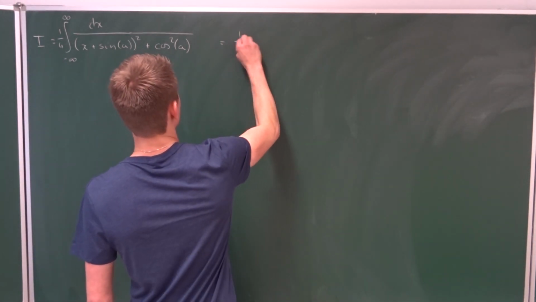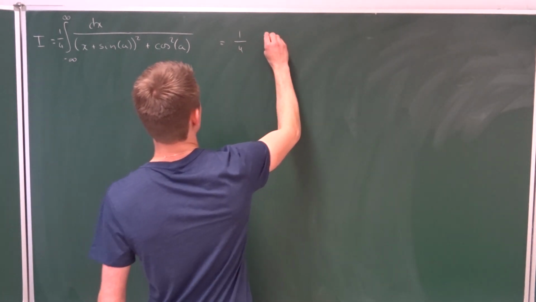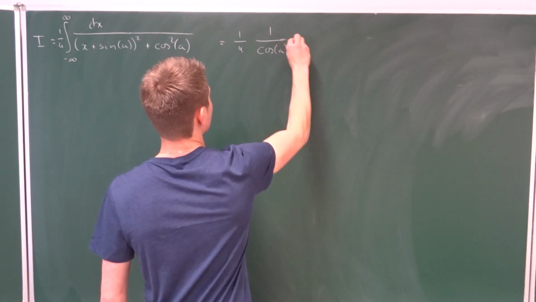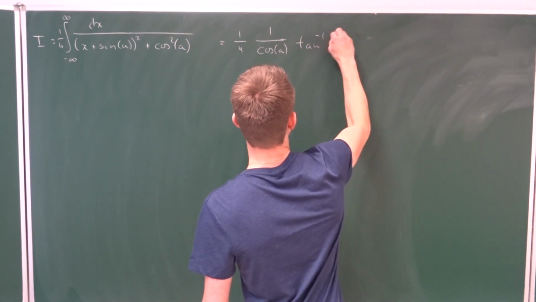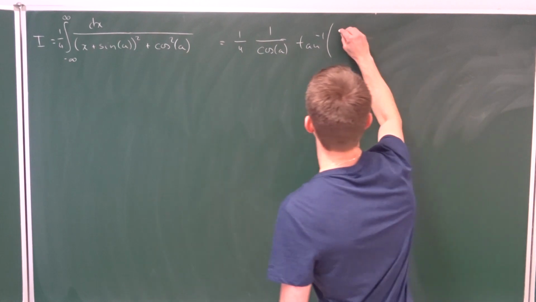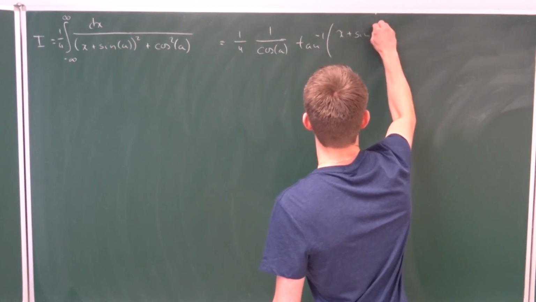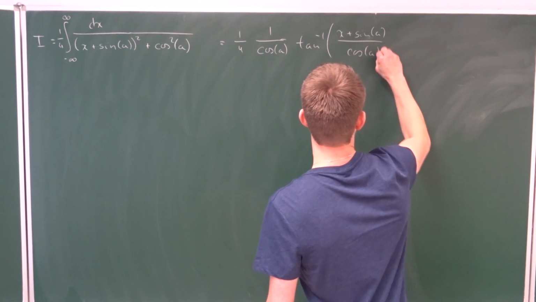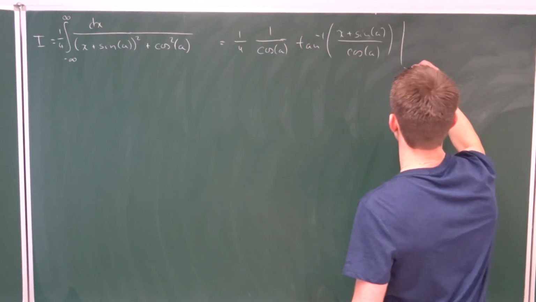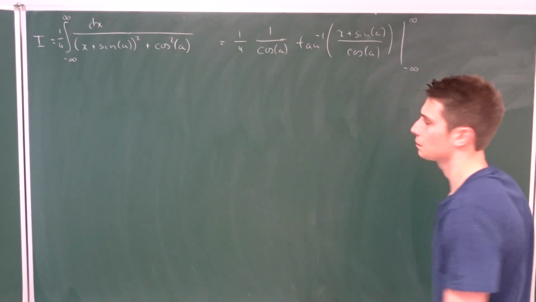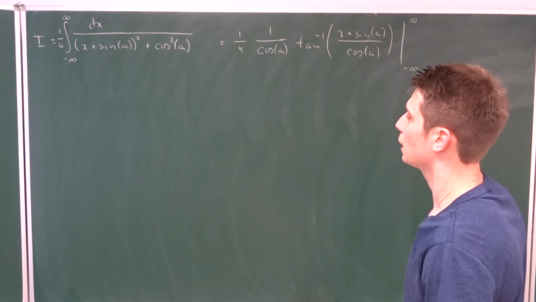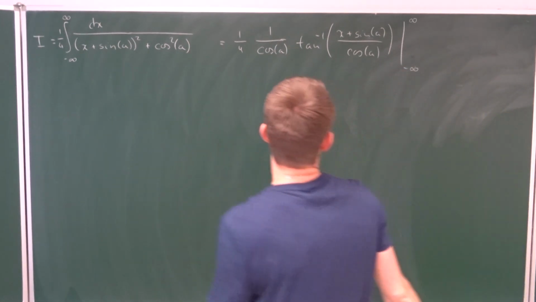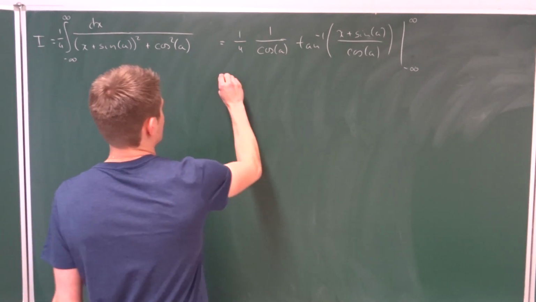So that's 1 over 4 times 1 over cosine of a, okay, times the inverse tangent of, okay, we got x plus sine of a divided by the cosine of a from minus infinity to infinity. Okay, and that's in terms of x, so we don't have to plug anything into the a. And yeah, let's just plug this in.